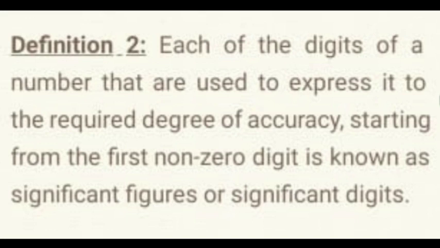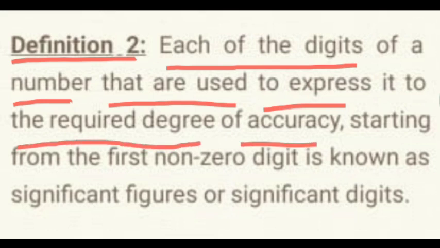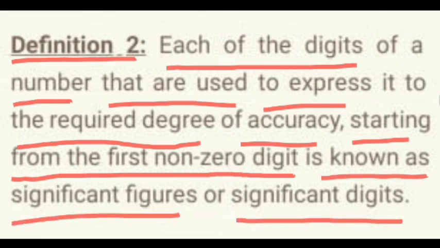Now we will see the second definition. This is a simpler one, so if you do not remember the first one, you can try this one. This definition says each of the digits of a number that are used to express it to the required degree of accuracy, starting from the first non-zero digit, is known as significant figures or significant digits.